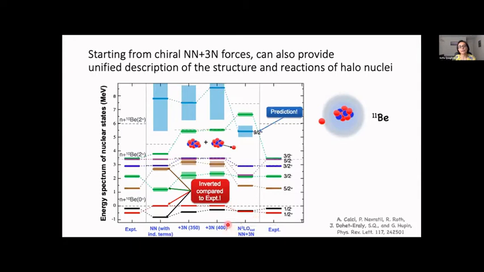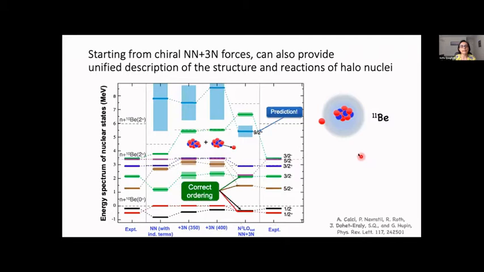But then with the N2LO-SAT interaction, we find, even though barely, if you want, the required inversion of the two bound states.